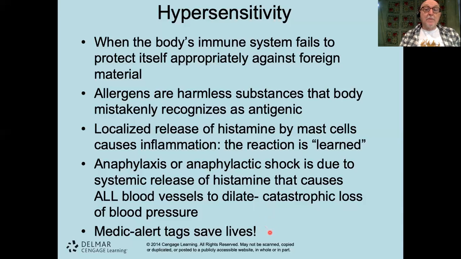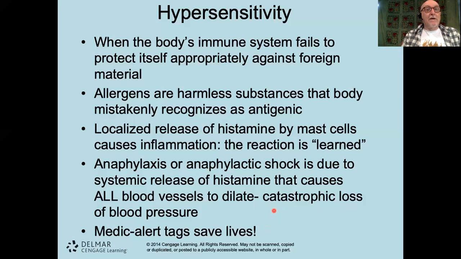So people who know that they are allergic to bee venom, for example, or allergic to penicillin, this might happen if you had an injection of penicillin. It can also happen if you absorb an allergen from the gut, like if you're allergic to peanuts, for example, and you absorb peanut allergen in your gut, you can get the same reactions.